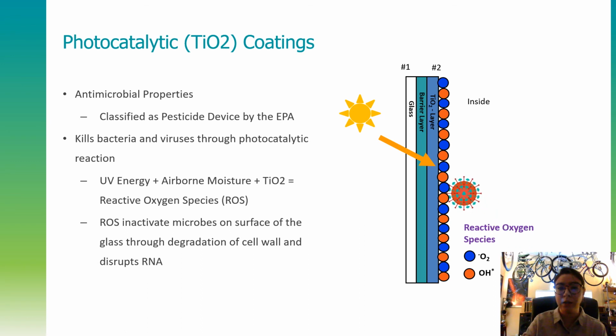And in that case, whenever bacteria and viruses land on the surface of the glass, the ROS inactivate the microbes on the surface of the glass through the degradation of the cell wall and essentially disrupting the RNA.